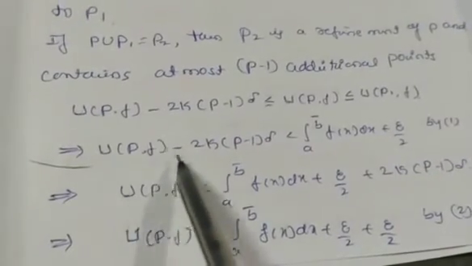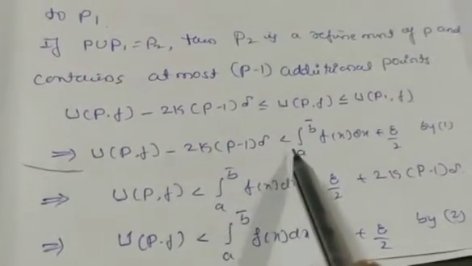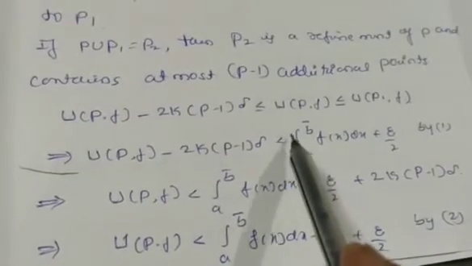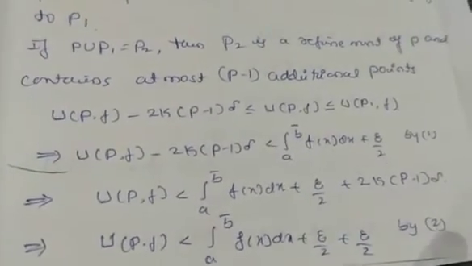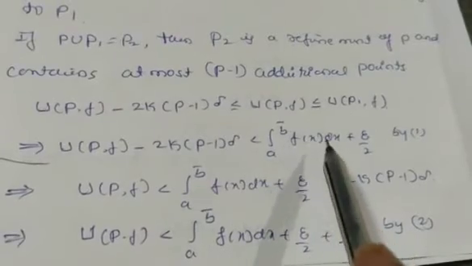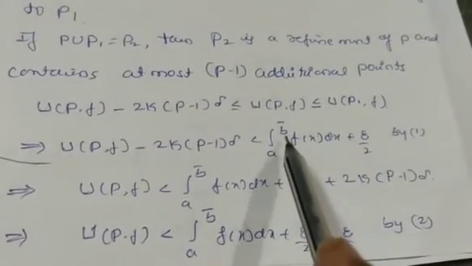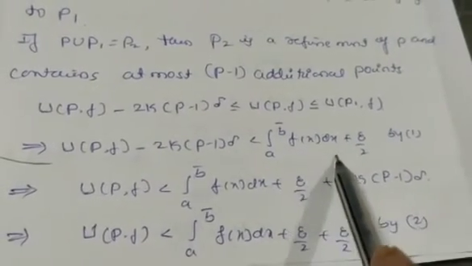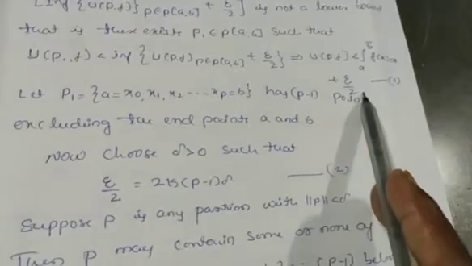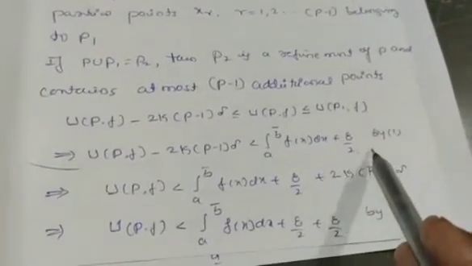So UPF minus 2k into p minus 1 delta is less than UP2F. We know UP1F is less than the upper Riemann integral from a to b of f of x dx plus epsilon by 2, from equation number 1 we have seen here.